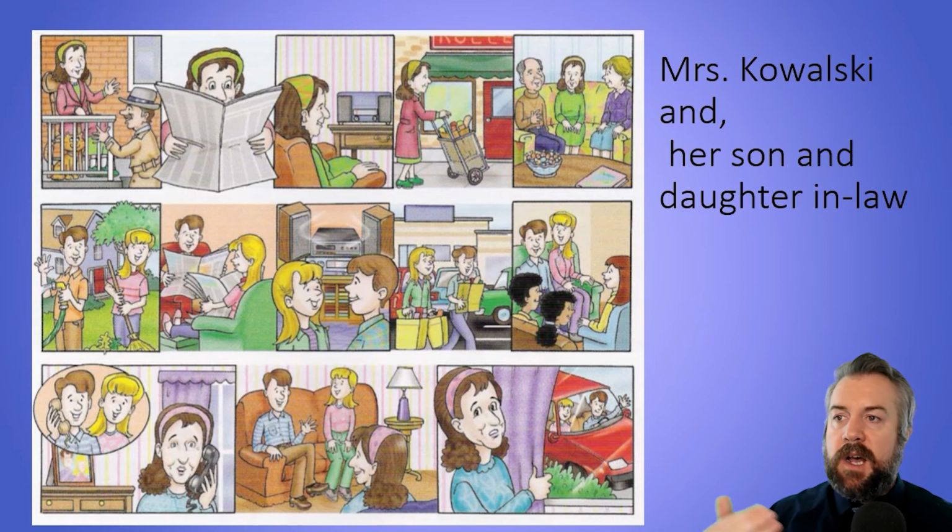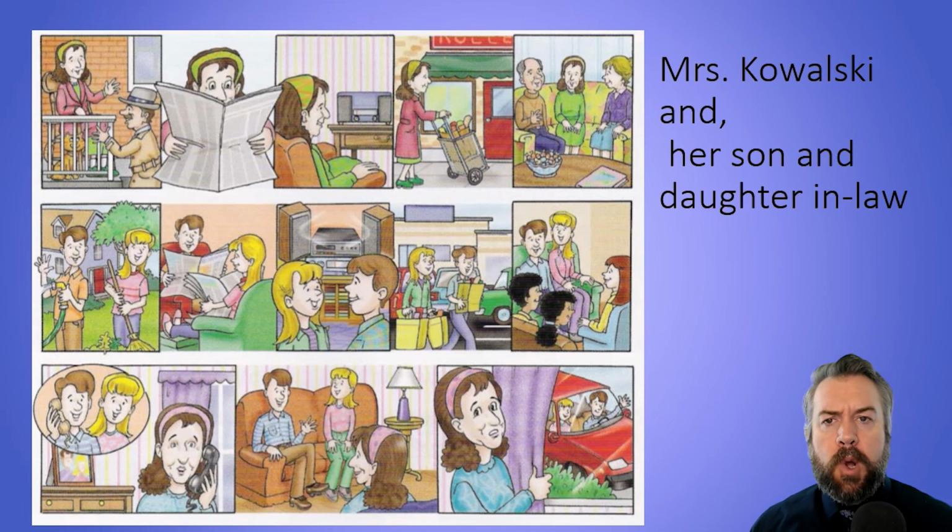So how would we start this story? Mrs. Kowalski lives in a small Polish neighborhood in Chicago. She reads, she listens, etc. Okay. On the second line, when we talk about the children, we would say, her son and his wife live in a small suburb outside the city.